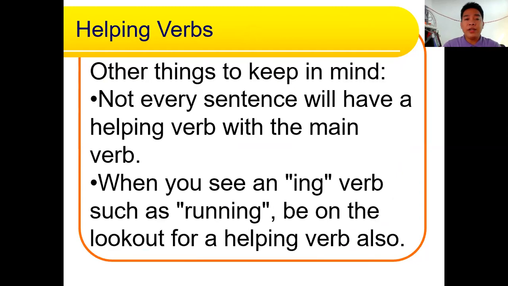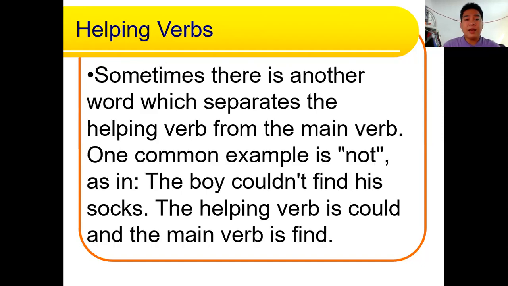Okay, not every sentence will have a helping verb with the main verb. When you see an ing verb such as running, be on the lookout for a helping verb also. Sometimes there is another word which separates the helping verb from the main verb.